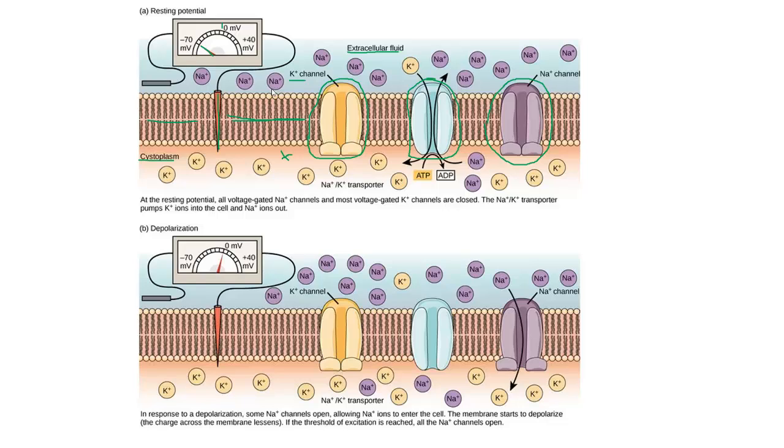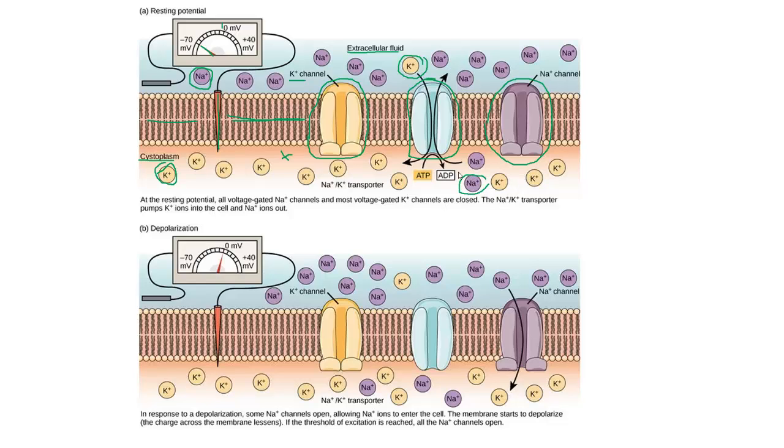Now the inside of the neuron has more potassium ions, which is K+. The outside of the neuron, aka the extracellular fluid, has more sodium, or Na+, ions and less potassium ions. Inside you have more potassium and less sodium.